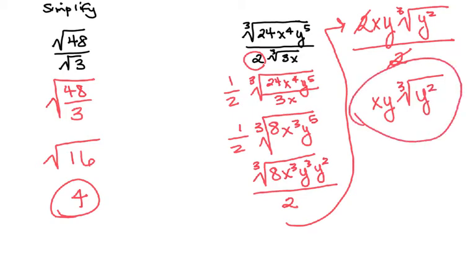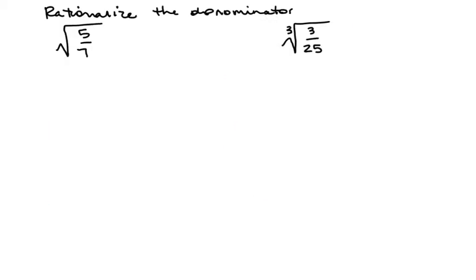A little bit more complicated. These ask us to rationalize the denominator. So basically what we want to do is get rid of the radical in the denominator. In this first one, if we multiplied the bottom by 7, we would have a perfect square because we would have 7 squared. And we can do that inside the radical, just multiply it by 1.